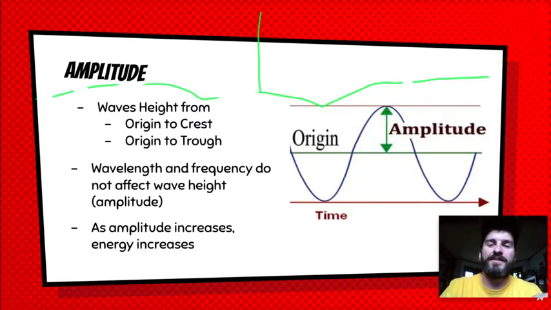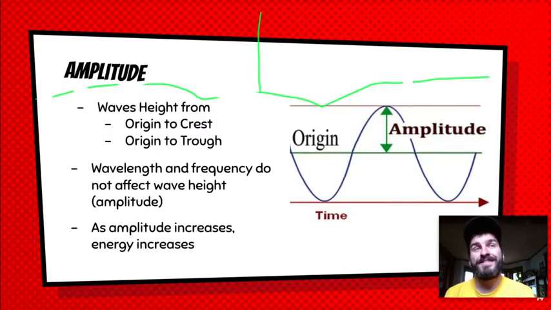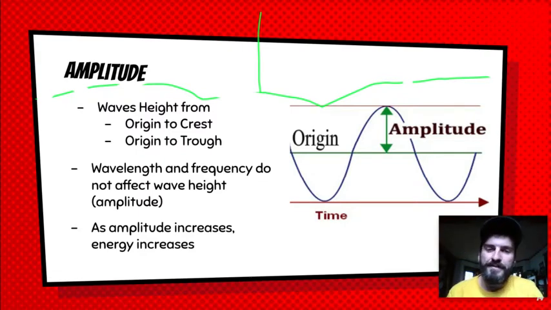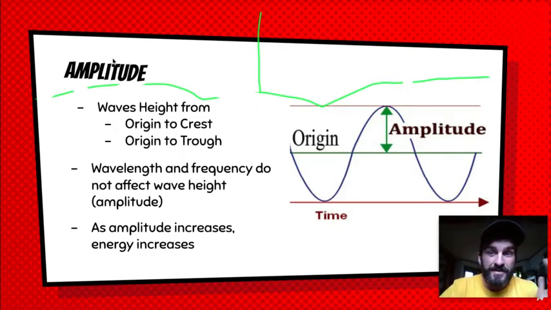If you think back to the Slinky demo that I did on Friday, the harder I move the Slinky up and down, the larger that wave height, that amplitude, got. So it's all based on energy with amplitude.